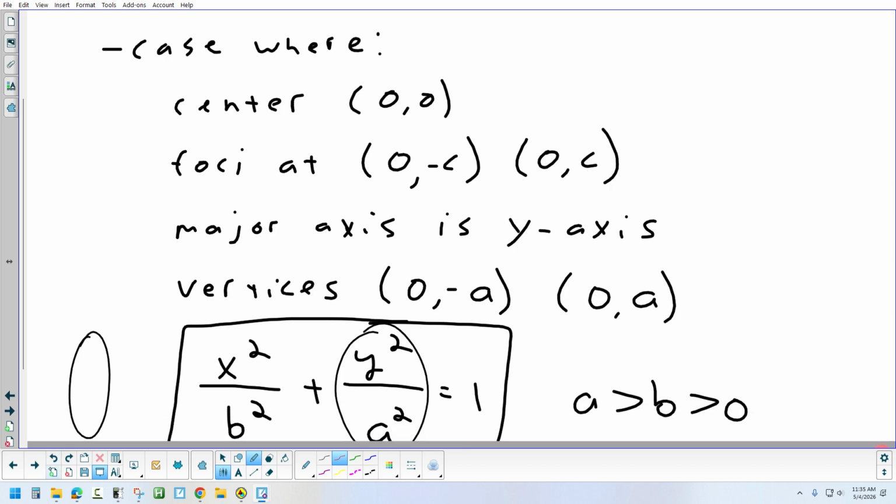So the major axis is the y-axis. And we already talked about what makes this equation a little bit different. The bigger number now is under the y. Bigger number under y means the ellipse is going to go in the y direction.